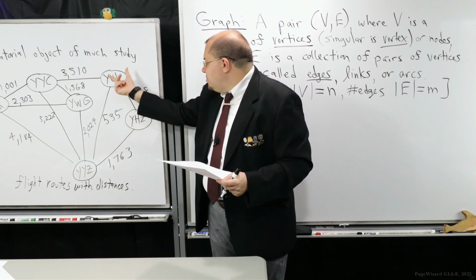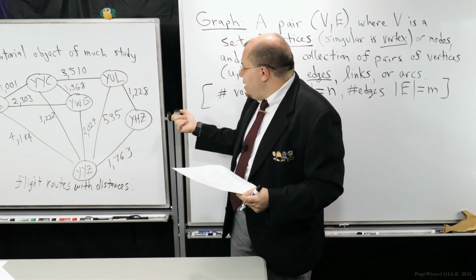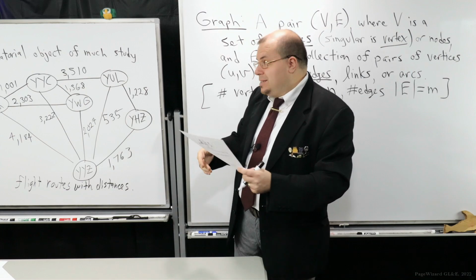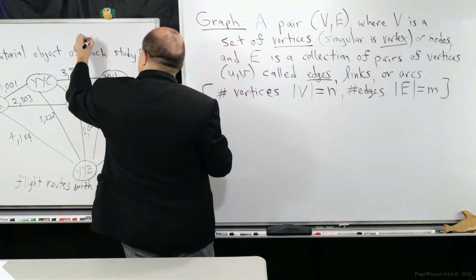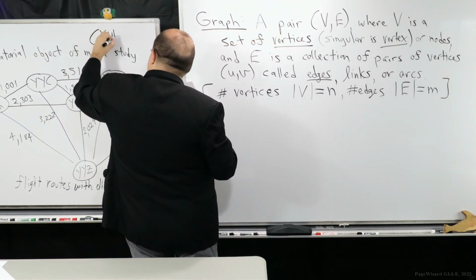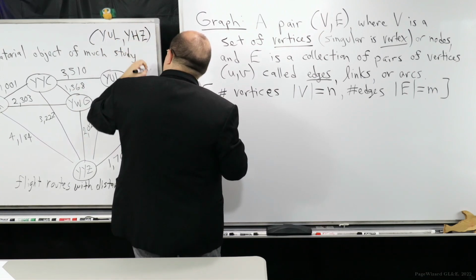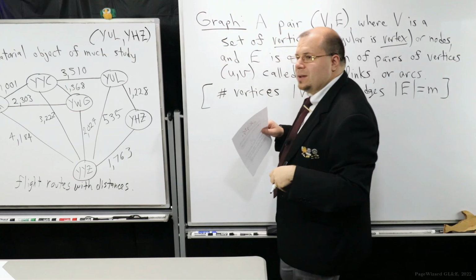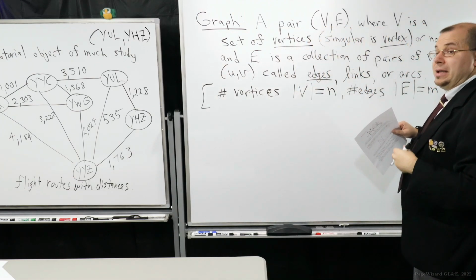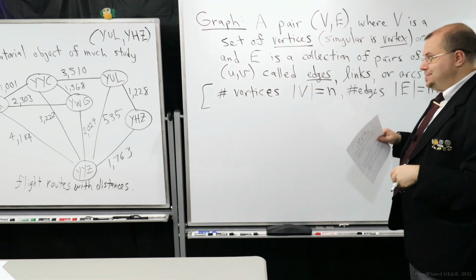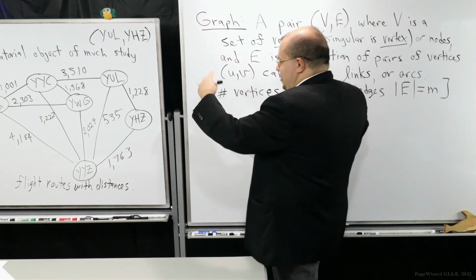This would be an edge in this graph: (YUL, YHZ). We'll call this, for example, an undirected edge, because you can go one way or the other way.